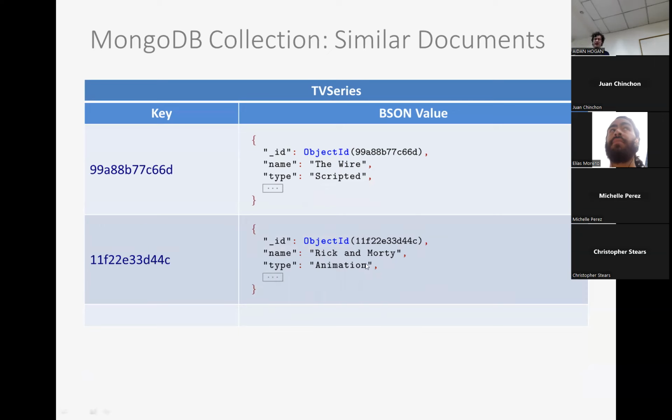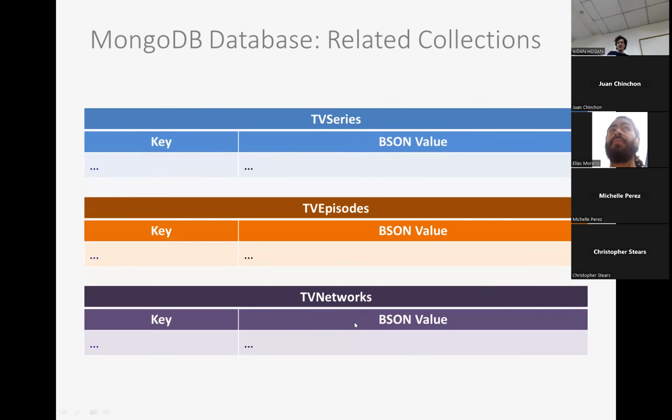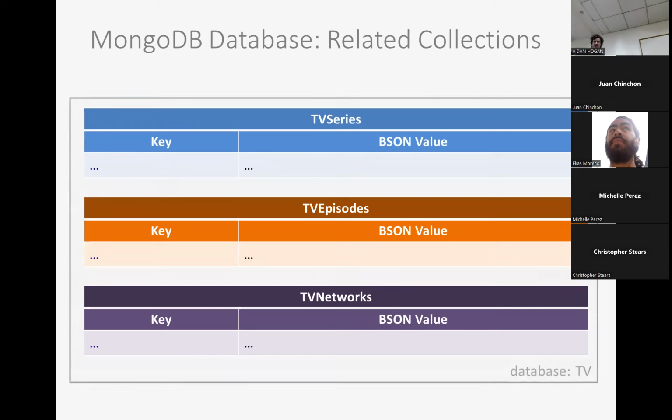For example, here we have documents relating to TV series, where we have JSON documents describing TV series. So we can have different collections, and we can add all of those collections into a database. So a database, in this case called TV, collects together collections that in themselves contain similar types of JSON documents.